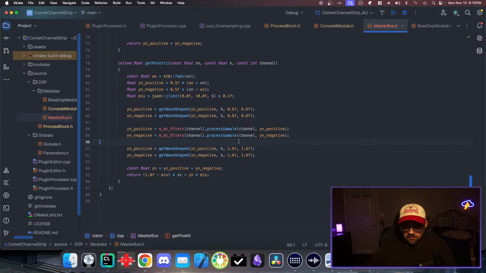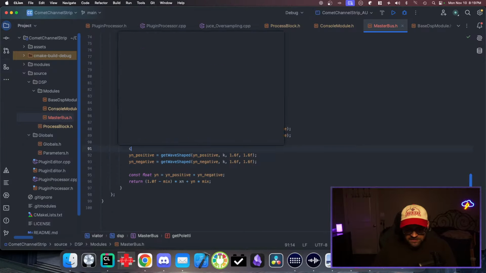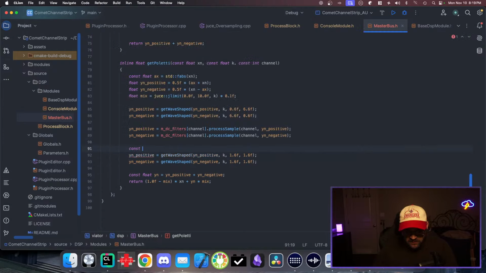In fact, let's change that and let's see, const float. I'm just gonna call it symmetrical. I can't spell symmetrical. 2 M's, I think. Nope, sorry, symmetrical is equal to, we'll do a juce live constant, and we have 1.6 by default.